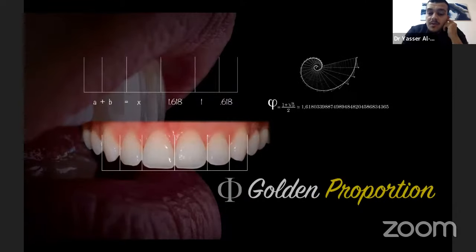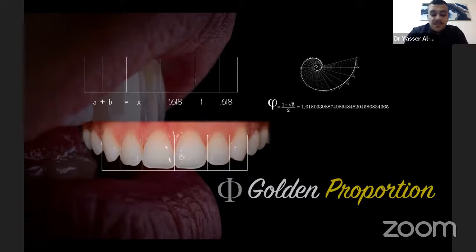Then we will talk about the golden proportion of the tooth itself, which means the proportion of central to lateral to canine. In general, the central is bigger than the lateral, and the canine is bigger than the lateral.